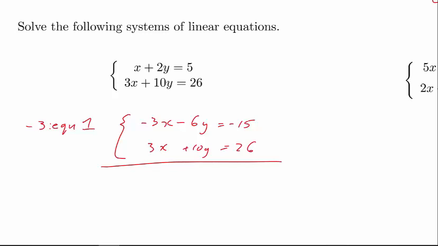Okay, so we are adding these two equations together, and we have 0 plus 4y is 11. Divide both sides by 4.